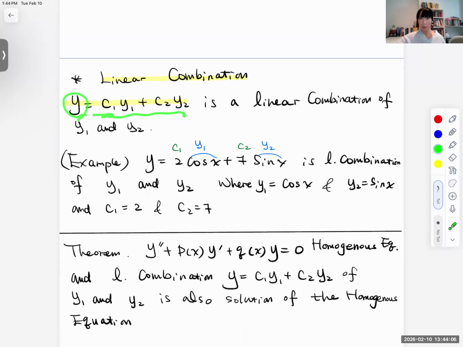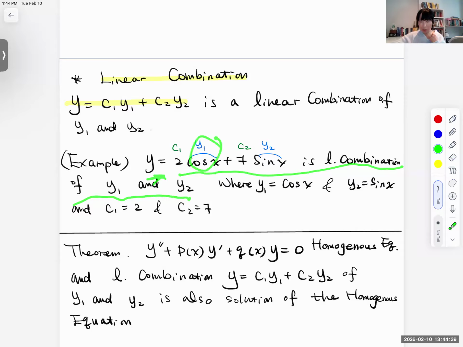This is a form of it, right? So we can use any variable, right? We say that this is a linear combination of y sub 1 and y sub 2, right? So for example, if we have y equal to 2 cosine x plus 7 sine x, it is a linear combination of y sub 1 and y sub 2.